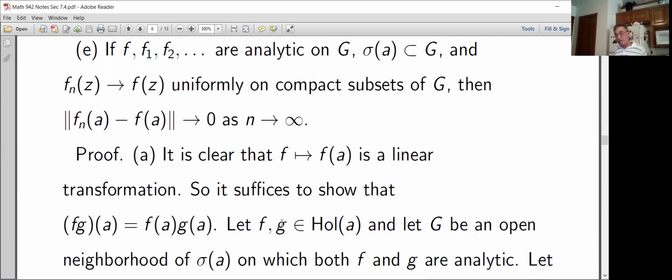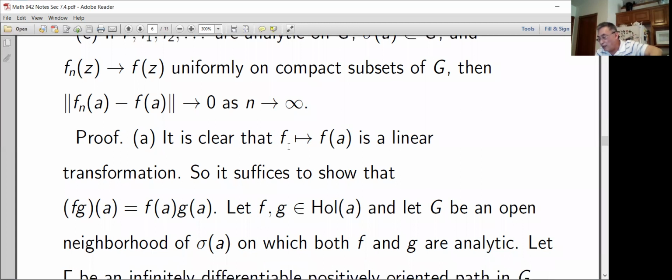For any two members f and g, we can always find a common neighborhood on which these two functions are defined and analytic.